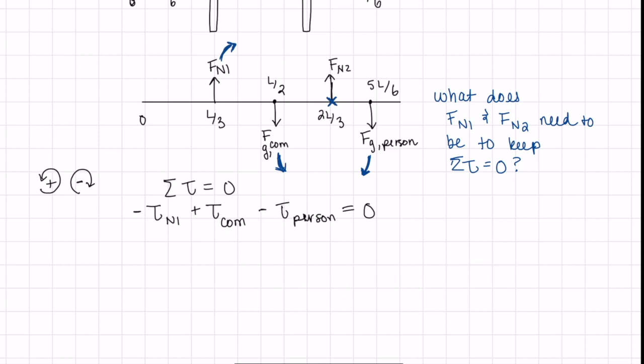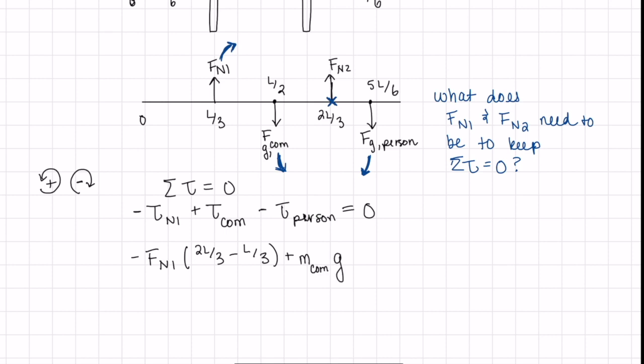So for Fn1, negative Fn1, and then to calculate the distance here, we're going to take the x value at the pivot point, so 2L over 3, and subtract where the normal force is that we're calculating the torque for, which would be the L over 3. For the plus, I'm just going to substitute in mg now.